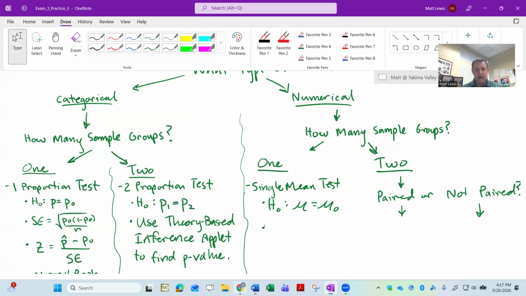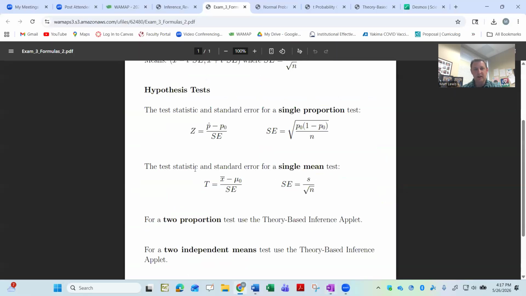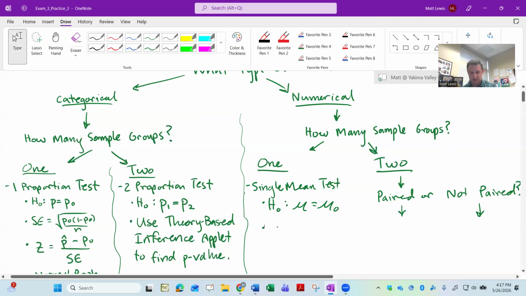Once again, I can go back to my formula sheet and I can see that for a single mean test, we have a standard error that's the standard deviation of the sample divided by the square root of the sample size. And then here's my test statistic formula. So those are the ones I want you to use in this instance: sample mean minus the null value divided by our standard error.